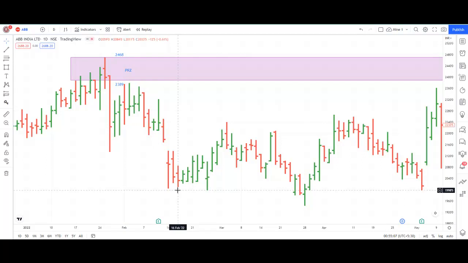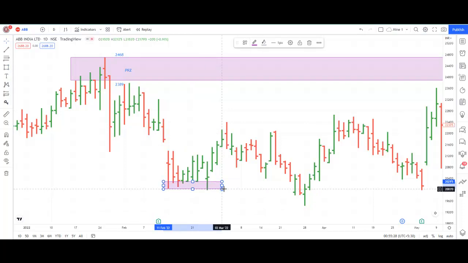See, the lowest close was on this bar. After this close, you started getting support. As you can see, immediately the stock moved up. So I will start drawing the zone here. This was the last close and the lowest price reached was on this bar.